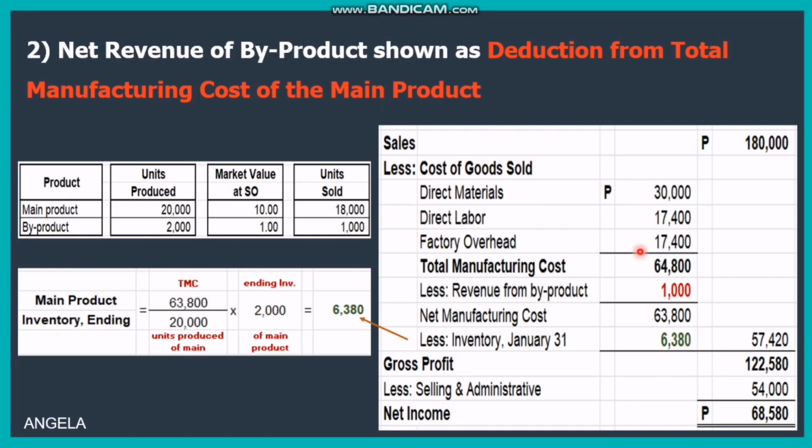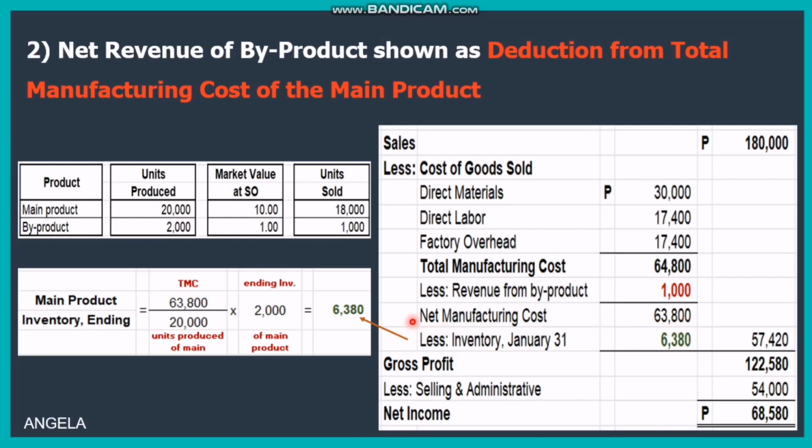Pag plinas tong tatlo, meron tayong total manufacturing cost na 64,800. Then, ito na po yung method natin wherein yung revenue from byproduct will be shown as deduction sa total manufacturing cost. So, 64,800 minus 1,000, meron tayong net manufacturing cost na 63,800.